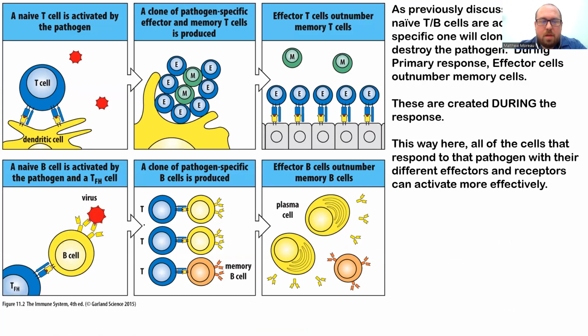So in some essence, again, we are always getting activation, and it's really important to understand this, that memory cells and effector cells, or plasma cells and memory B cells, are generated in order to basically enhance our ability for secondary exposure to a certain pathogen.